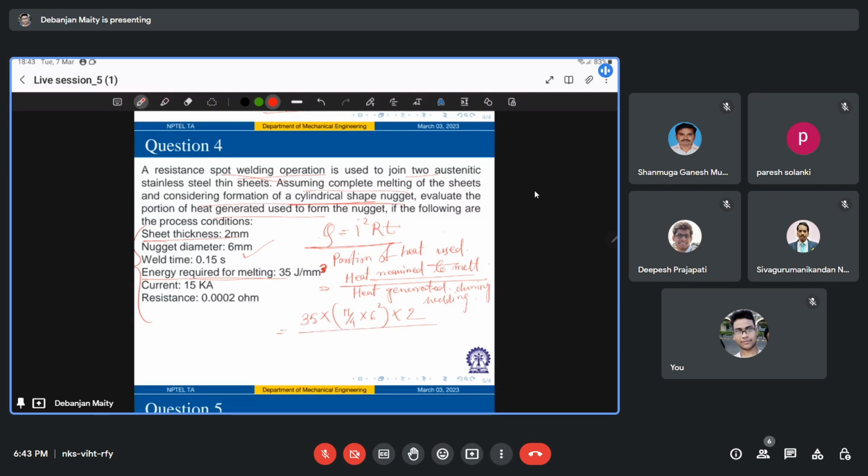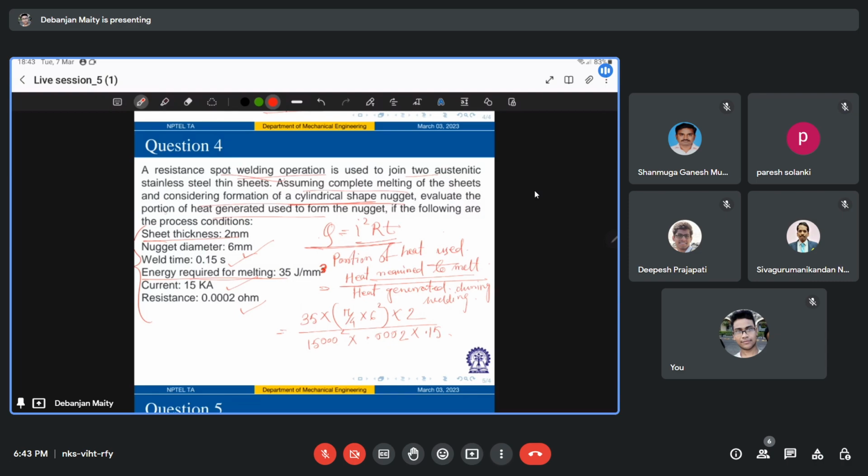And what will be the heat generated during welding? That will be simply I square RT. So you have this current, you have this resistance, and you also have this welding time. 15,000 square into 0.0002 into 0.15, right?